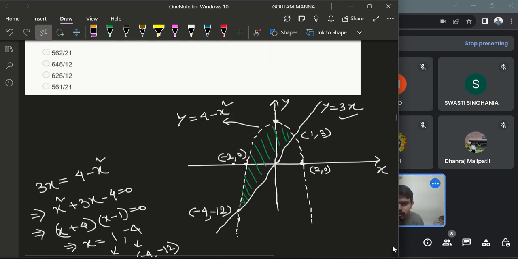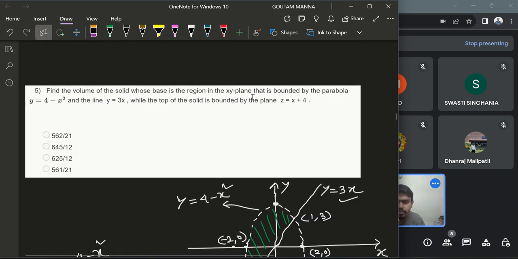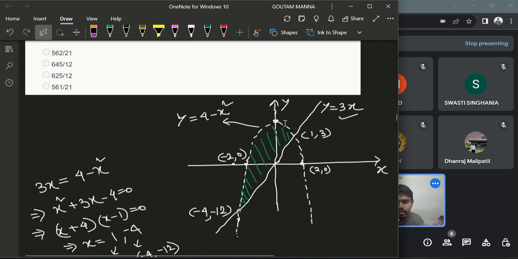So this is x equals minus 4, and for any values of x greater than minus 4, z will be above this plane, so z will be positive. So throughout this integration, while we will be integrating throughout this area, z will always be either 0, at this point it will be 0, and everywhere else it will be positive.